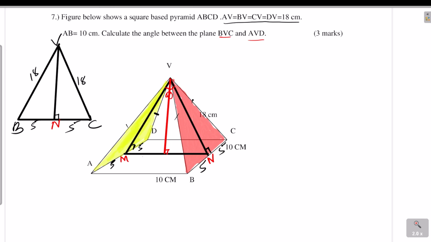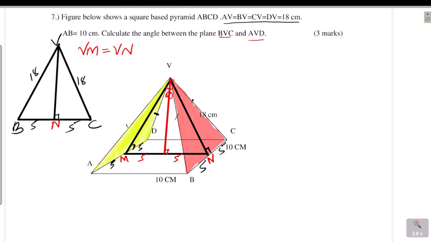So this one will be 5 as well, and this one will be 5. And then I need to get the length VM, which is equivalent to VN. Look at that. So VM and VN are equal, and when I get that, I'll be able to use this triangle here to get this required angle.